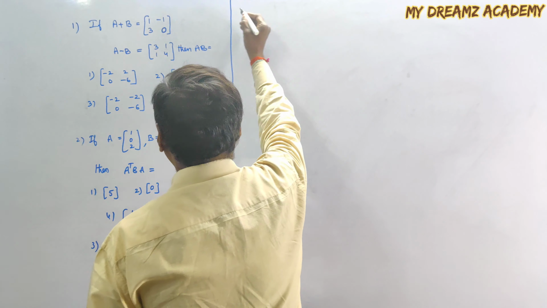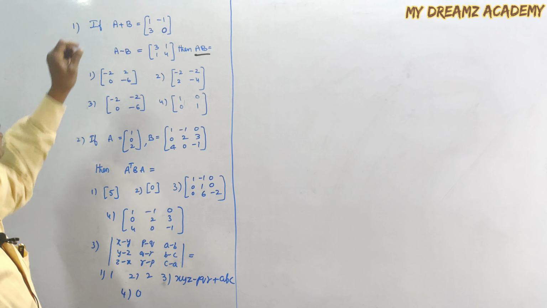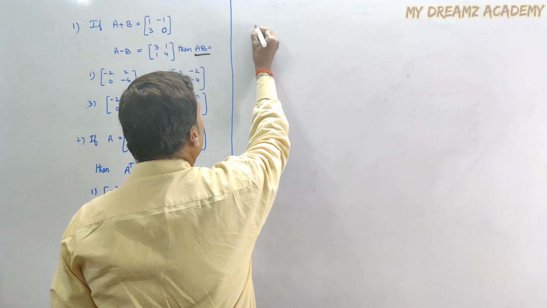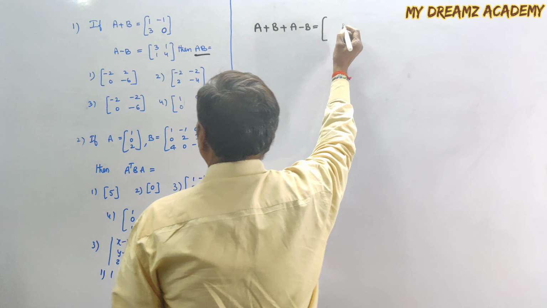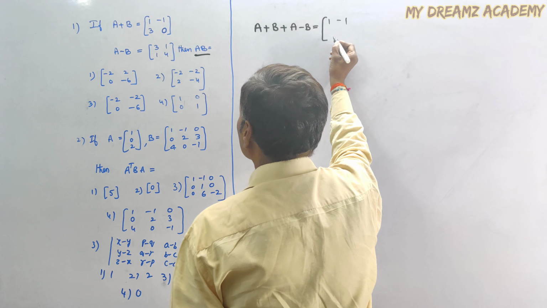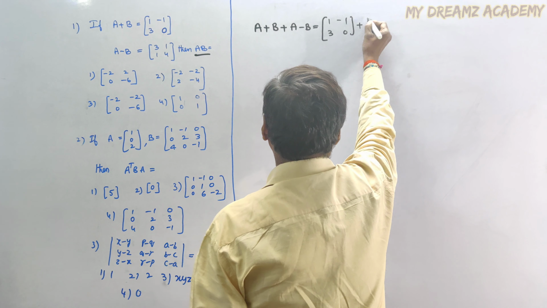Now from A plus B and A minus B we are going to find AB. That is, first we have to find A and B. By adding these two, A plus B plus A minus B, what you will get here? [[1, -1], [3, 0]] plus this is [[3, 1], [1, 4]].